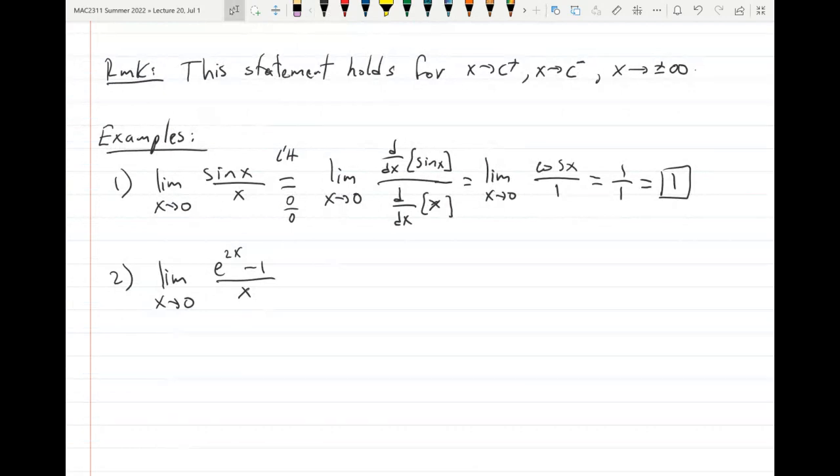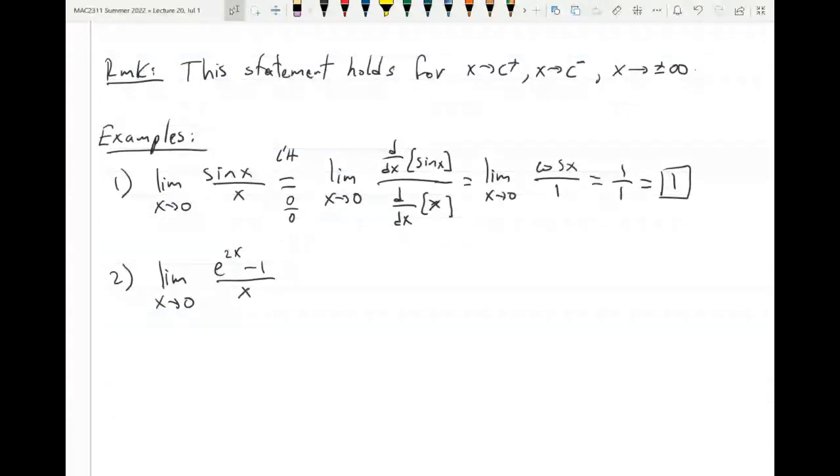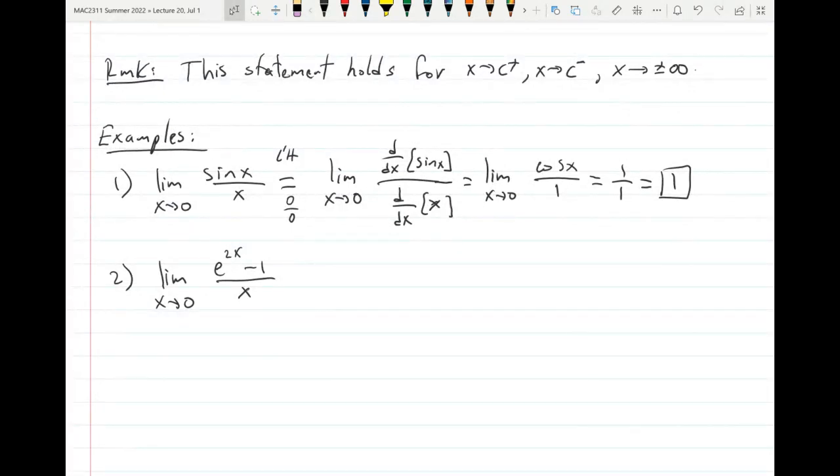Okay, so in this case, certainly when you plug in, you get 0 over 0. So we know that we can use L'Hopital's rule, and let's do so. So this becomes the limit as x approaches 0. Now, we need to replace the top by its derivative. What's the derivative of the top? That's going to be e to the 2x times 2, remember the chain rule, okay, divided by 1.